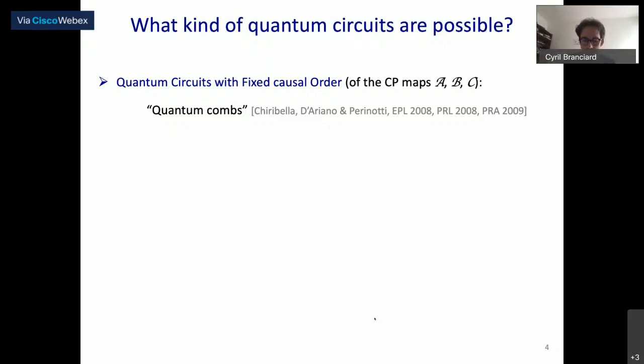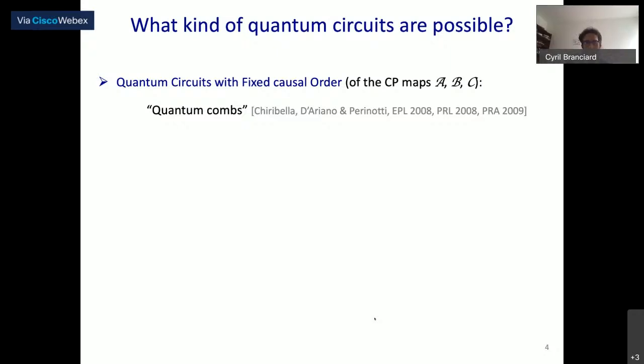So just as I depicted the circuit and the example in these first few slides, I was just showing circuits with a fixed causal order, where all the operations happen in a fixed, well-defined order, one after the other. And this is the standard model of quantum circuits, which has been studied in the last decade or even a few more years.